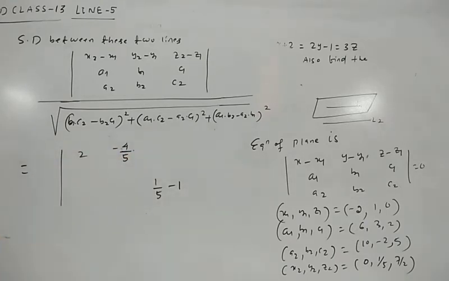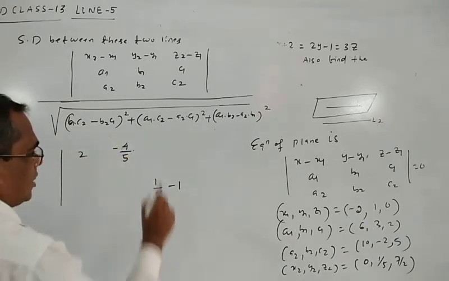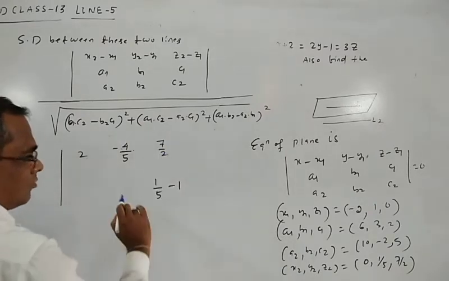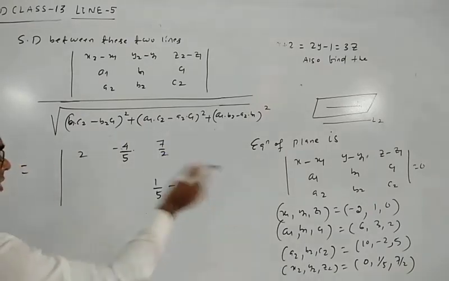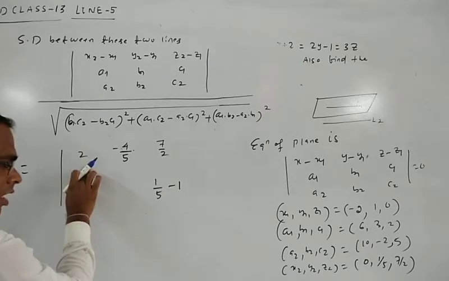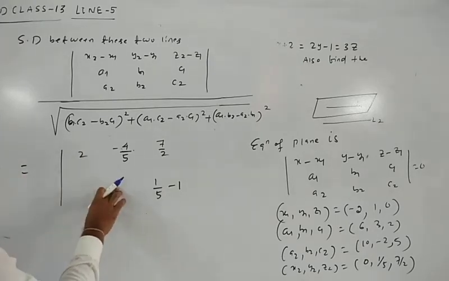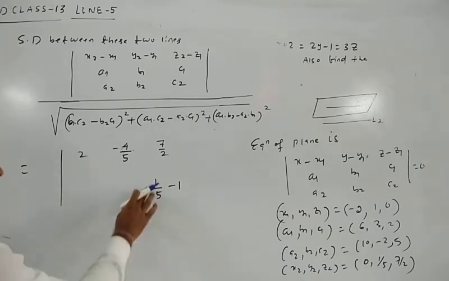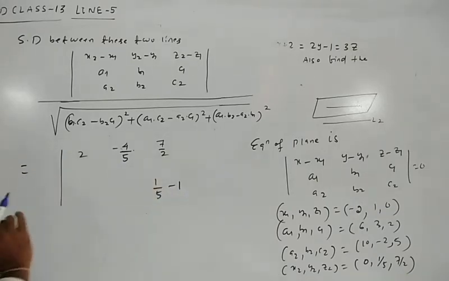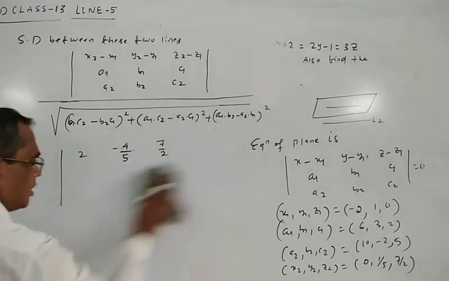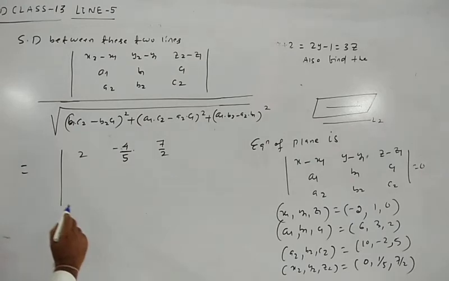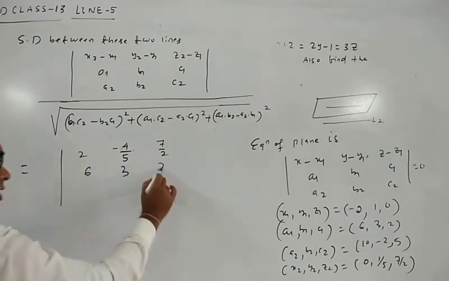Then z2 minus z1, 7 by 2 minus 0, this is 7 by 2. Next write the direction ratios 6, 3, 2.